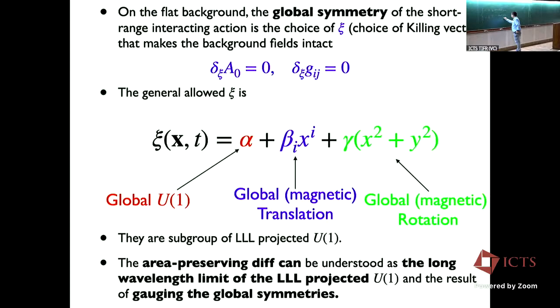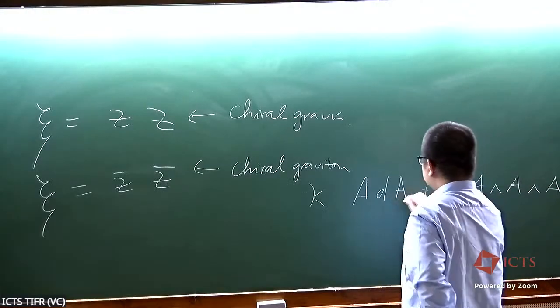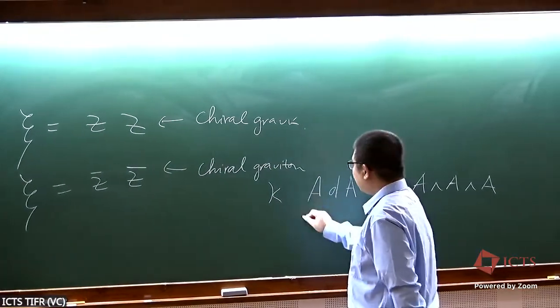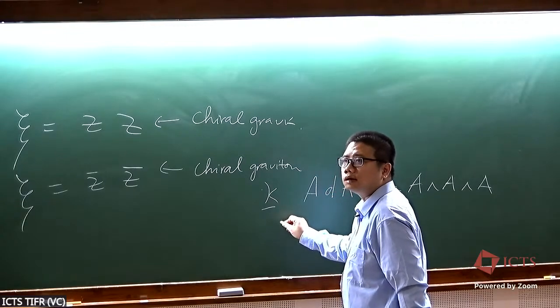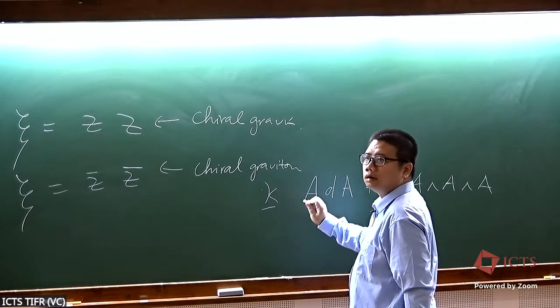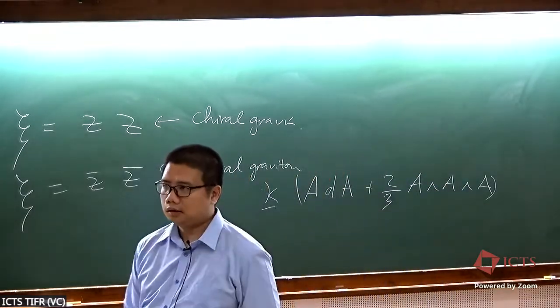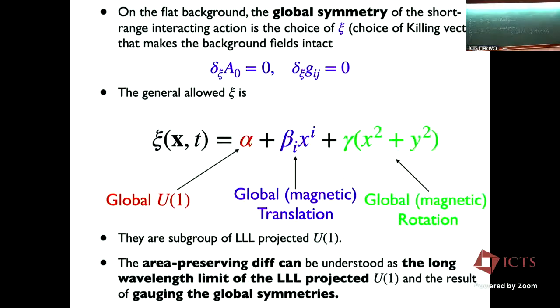form of like K P A plus... So this thing is a one-form, but the algebra is the area-preserving algebra, and K here is the same as the Chern-Simons term. Yeah, right.